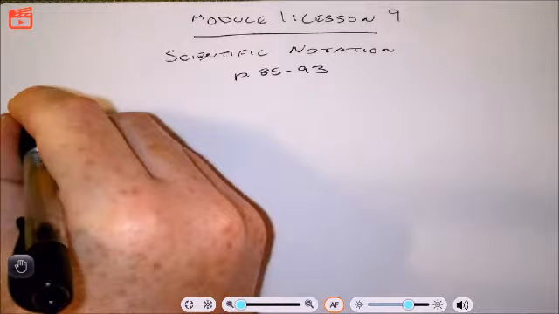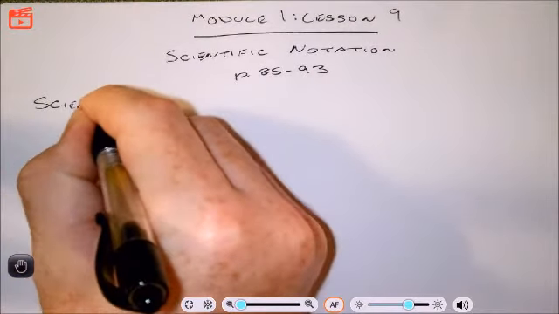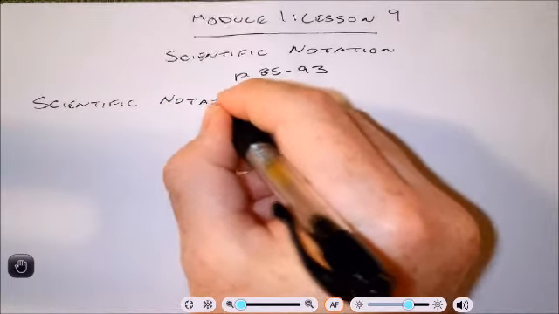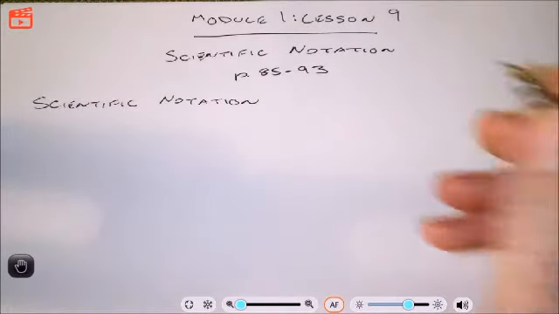Now, scientific notation is an easier way to write really big and really small numbers.